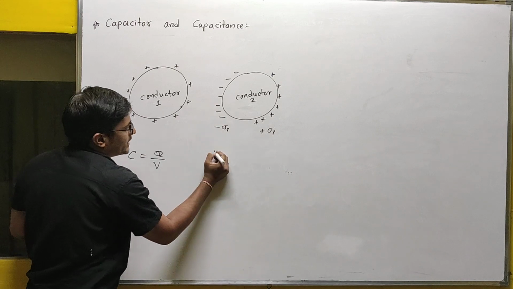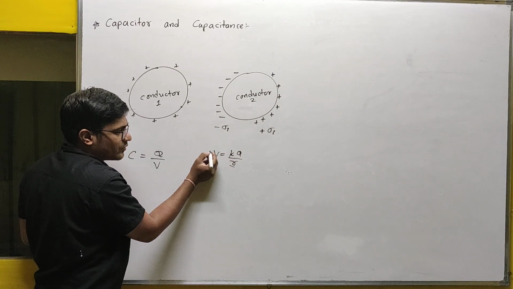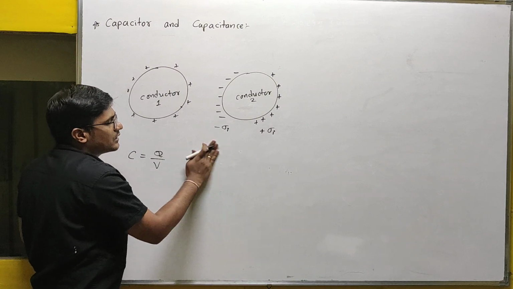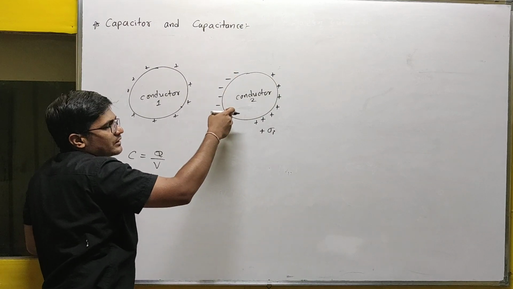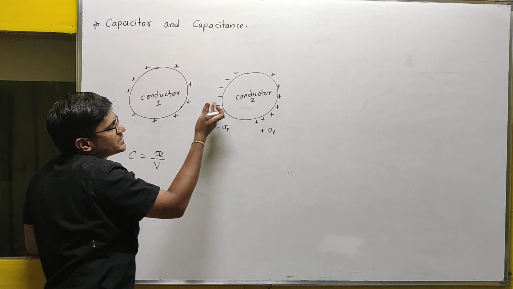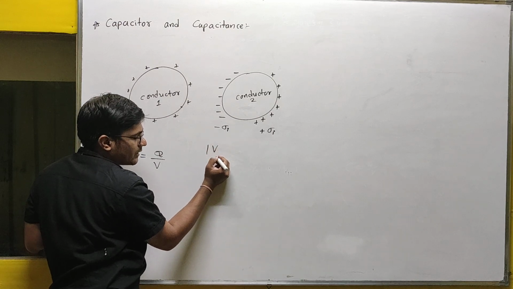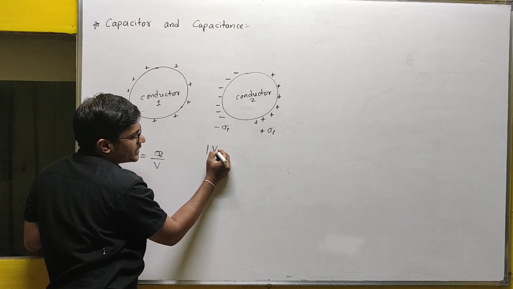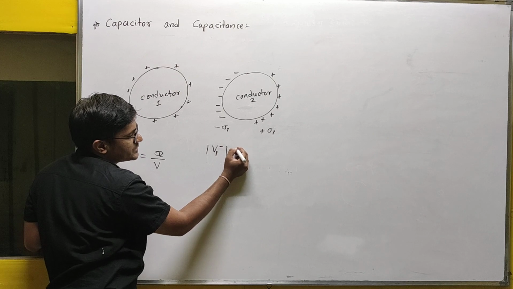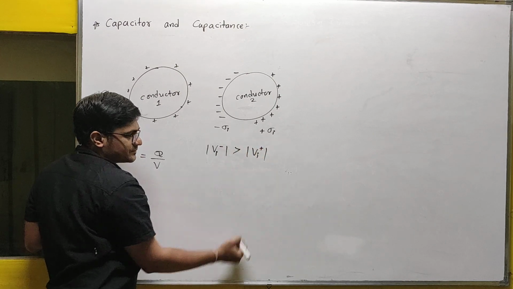The potential is given by KQ by R. If the distance of the charge is small, then the potential is high. The negative charges are near to this conductor 1, so the potential due to negative charges is higher than that due to positive charges. So the magnitude of potential due to negative charges is greater than the potential due to positive charges.